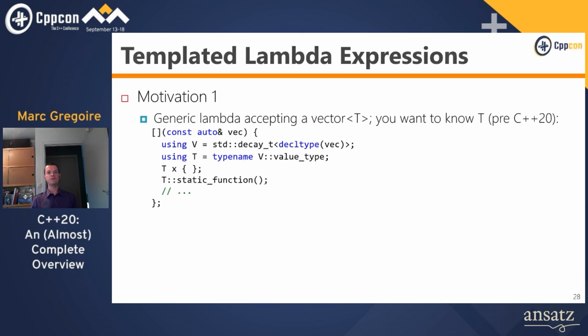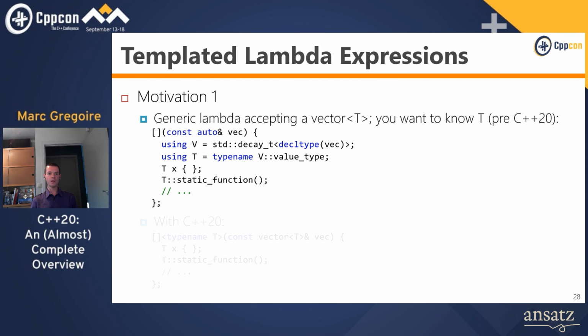So first example is suppose you have a generic lambda that accepts a vector of T, and you want to know the type of T. Before C++20, you have to use some decay and decltype voodoo. First, you have to do decltype of vec, and the result of this gives you the vector of T. And once you have this vector, you can ask the value type of the vector, and that gives you the T. And then once you have the T, you can do whatever you want with it.